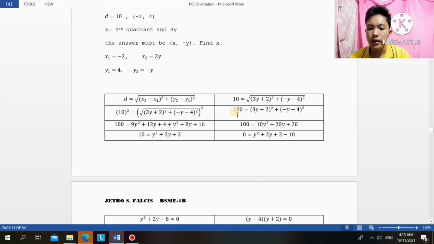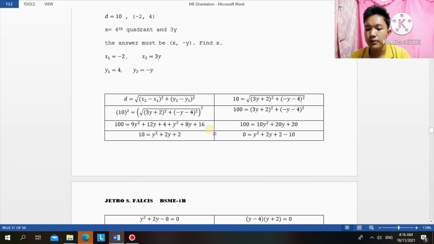Our equation will be 100 is equal to (3y plus 2) squared plus (negative y minus 4) squared. Expand (3y plus 2): it will become 9y squared plus 12y plus 4. Then expand (negative y minus 4): it will become y squared plus 8y plus 16. Combine like terms: 100 is equal to 10y squared plus 20y plus 20.